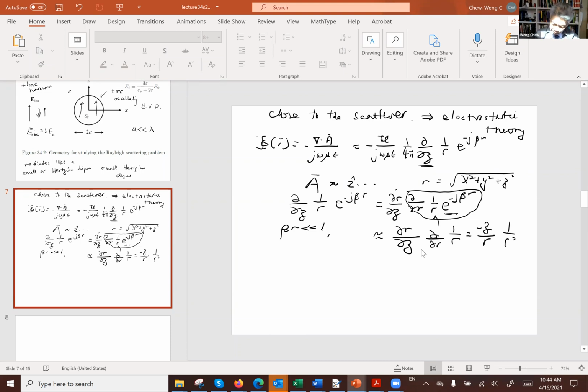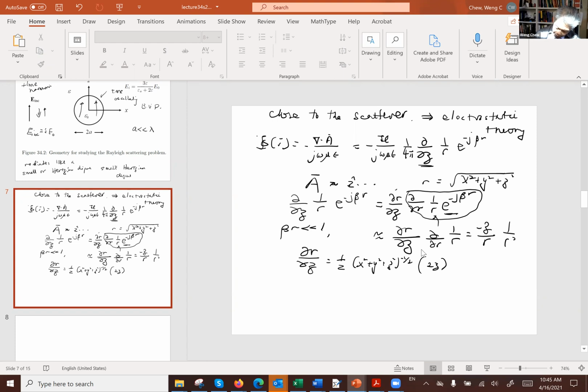You can easily show that partial R, if you take this, it would be half times x squared plus y squared plus z squared to the minus half. Then when you differentiate with respect to z again, you get 2z.